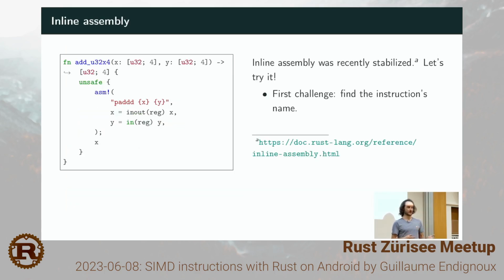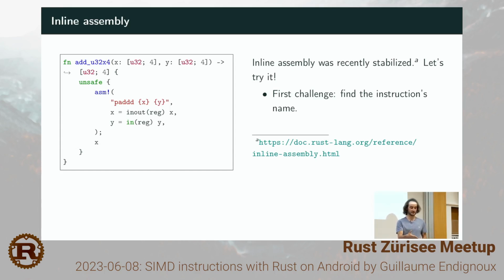The first approach is to use inline assembly, which was recently stabilized in Rust. So you need unsafe code for it, but you don't need a nightly compiler. You can use the stable one. So let's try that. Well, the first challenge here, as you can imagine, is you have to find out what is the name of the instruction you want to call.